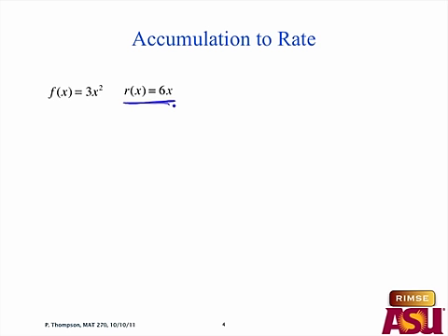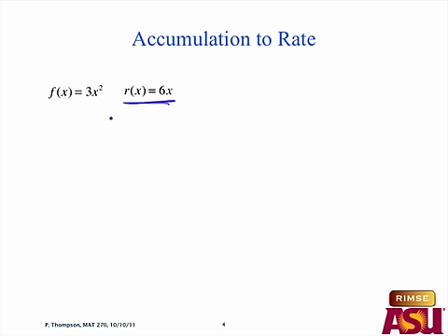Charles, what does it mean that our rate function is 6x for an accumulation function of 3x squared? Okay, and what does the output mean? What is the output? Okay, yeah.